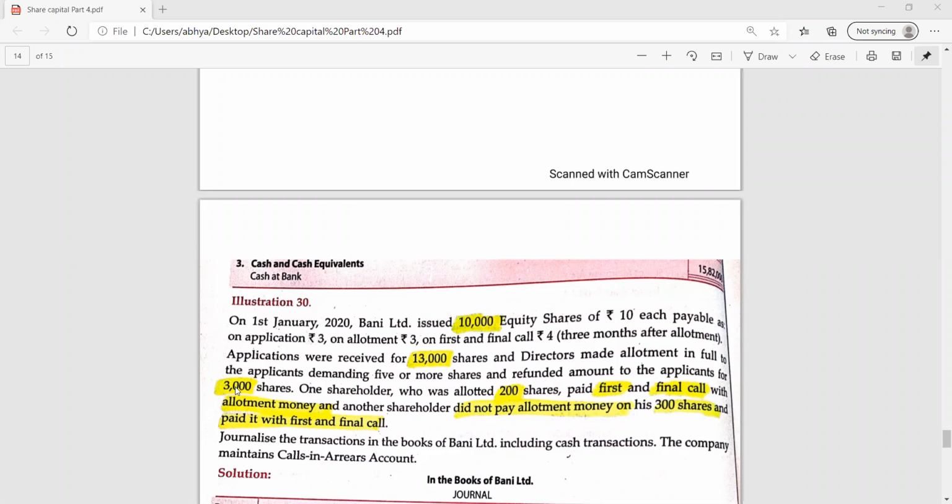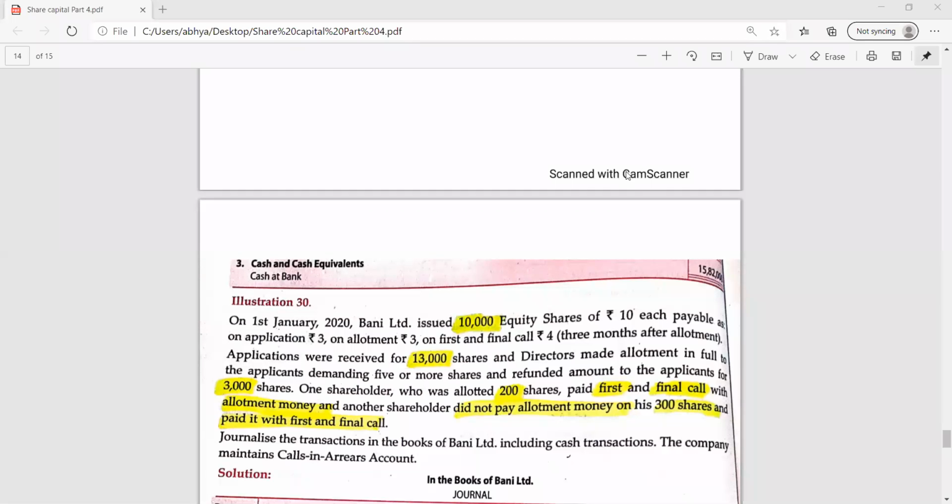What does it mean? Which case is there? 3,000 are rejected. Yes, very good. Refund. 3,000 are rejected and for the other shares the full amount is given. It's the question of case 1.